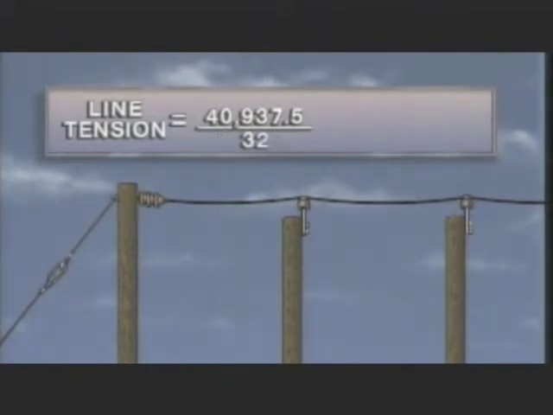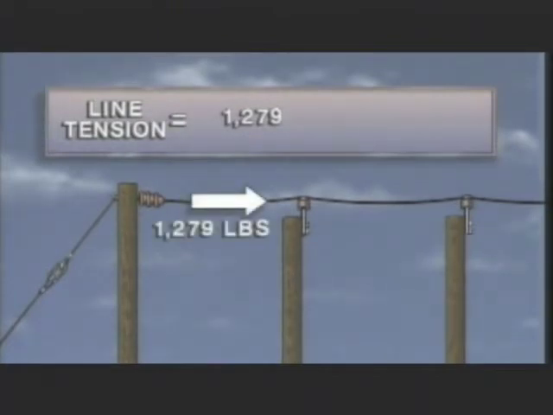Below the line, 8 times 4 equals 32. The formula now reads line tension equals 40,937.5 divided by 32. The result, when rounded off, is 1,279. So the line tension pulling on the pole is approximately equal to 1,279 pounds.